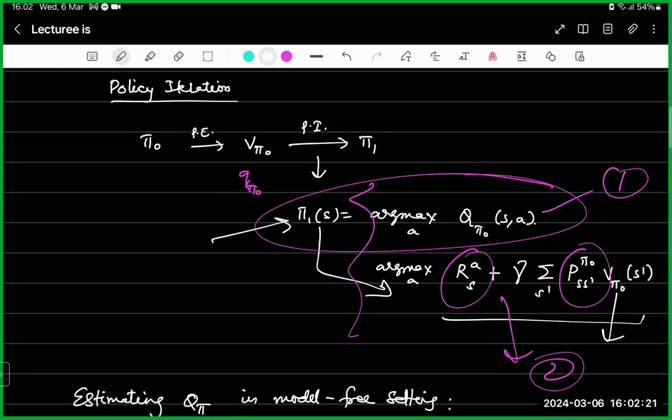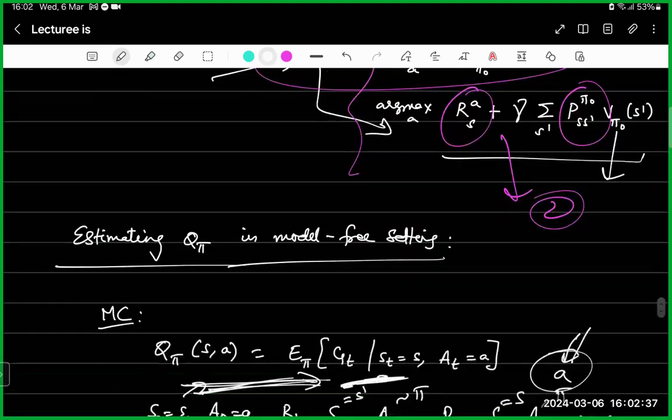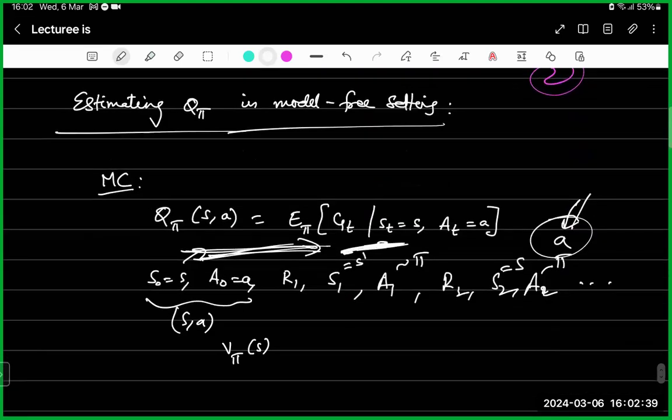A stochastic policy will say, if you are in state s, act according to A1 with probability half, act according to A2 with probability half, or there is some distribution among the actions. Then there is some chance of seeing the same pair again, right? If pi itself is a stochastic policy, then although you play according to pi, at some point you might see the same state action pair.